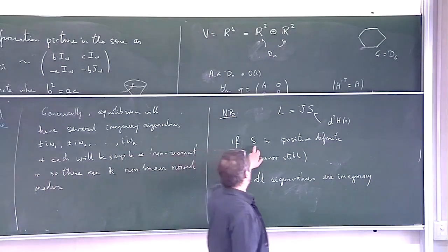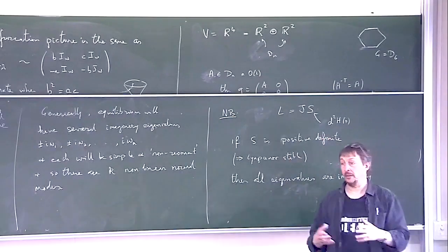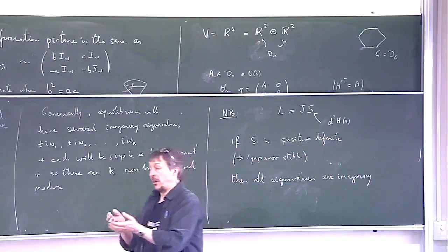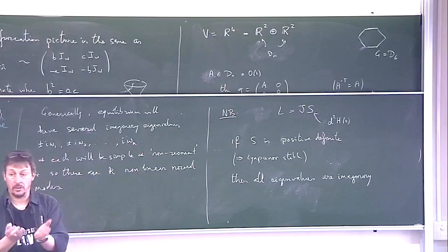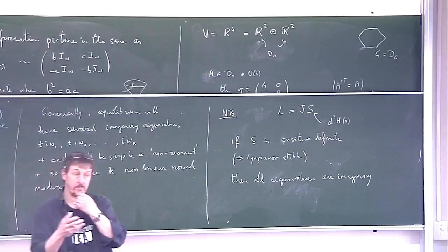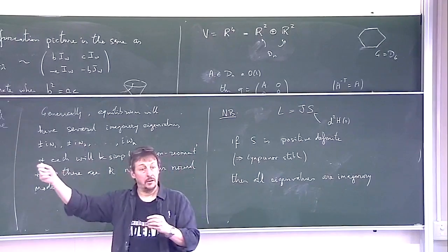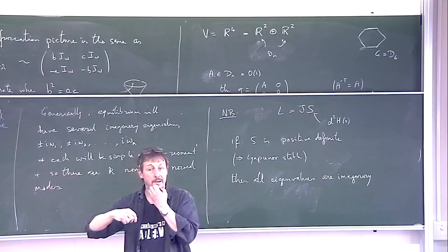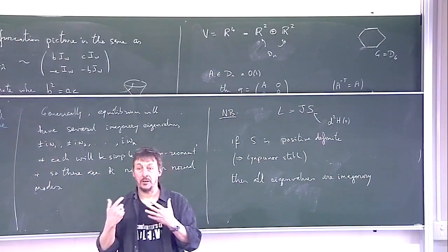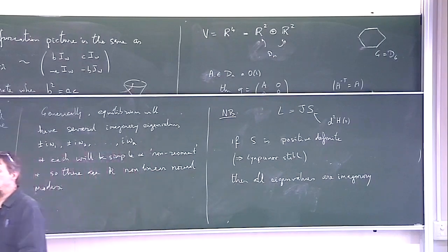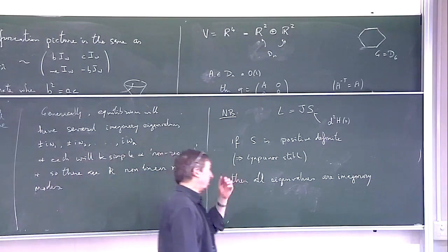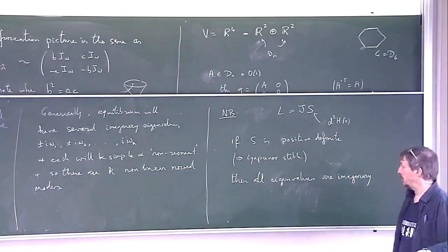If S, or the Hessian, is positive definite, then the level sets of the Hamiltonian are spheres, or ellipsoids. So the motion cannot have a real unbounded part. So the eigenvalues can't have a non-zero real part. So they're all imaginary. They might be zero, of course.